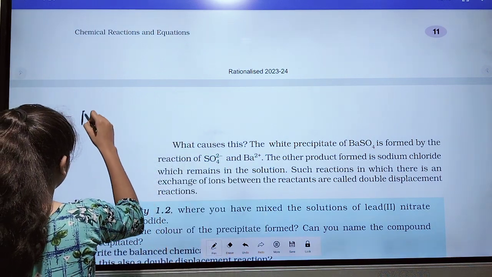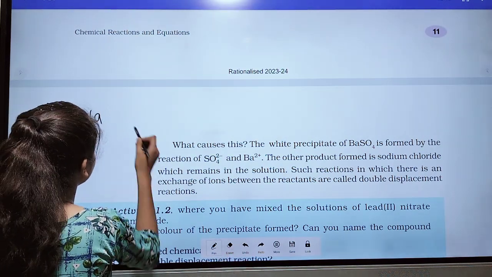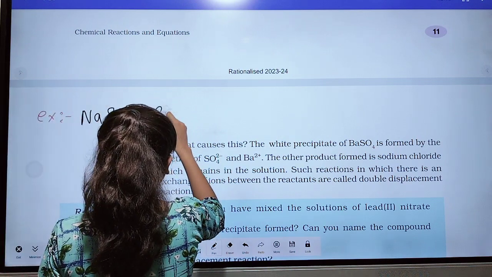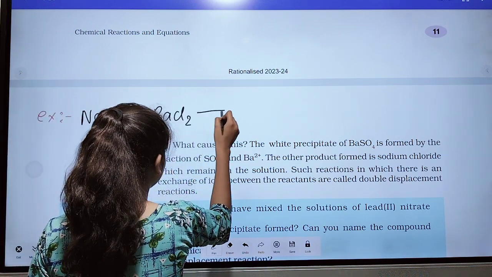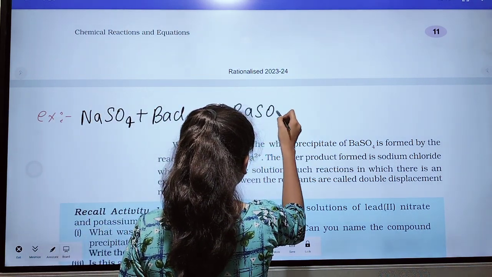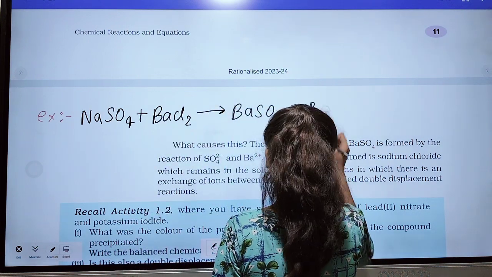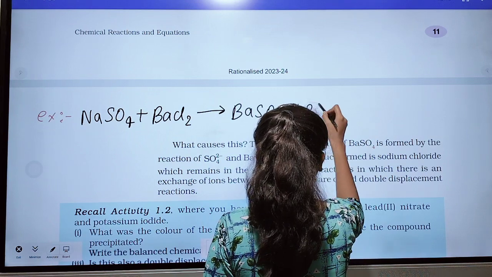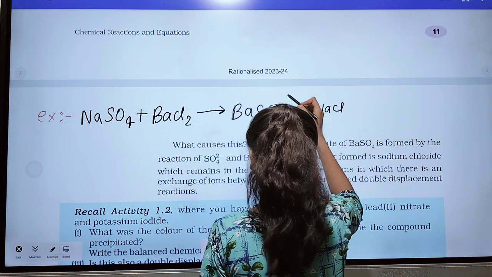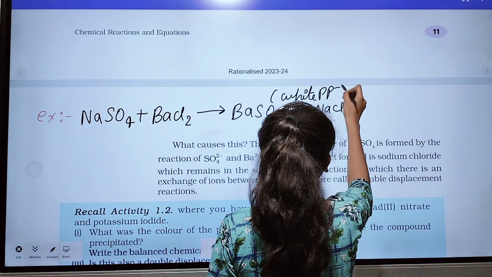That is Na2SO4 plus BaCl2 gives BaSO4 plus 2NaCl. This is a precipitate, PPT.